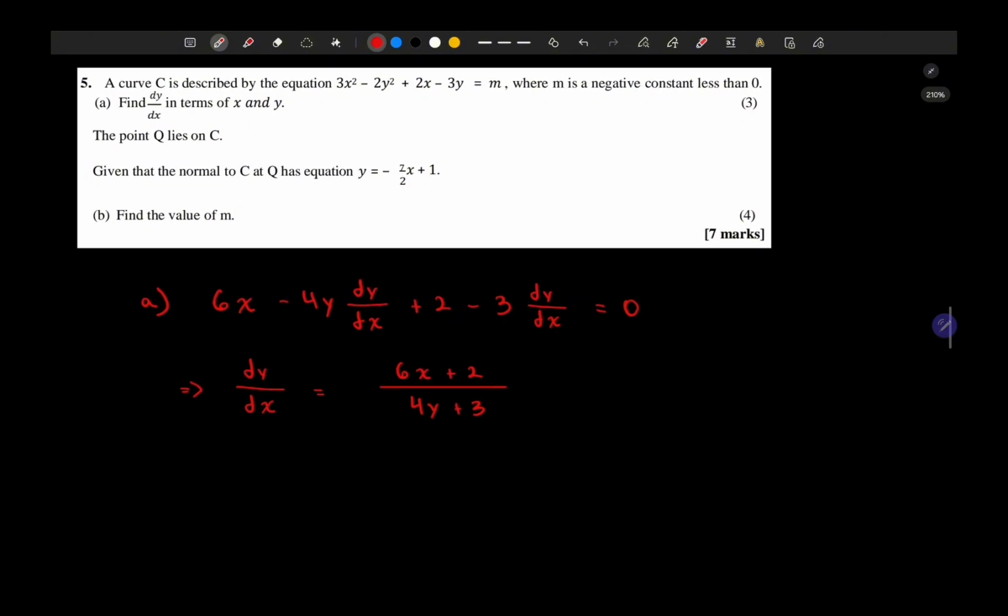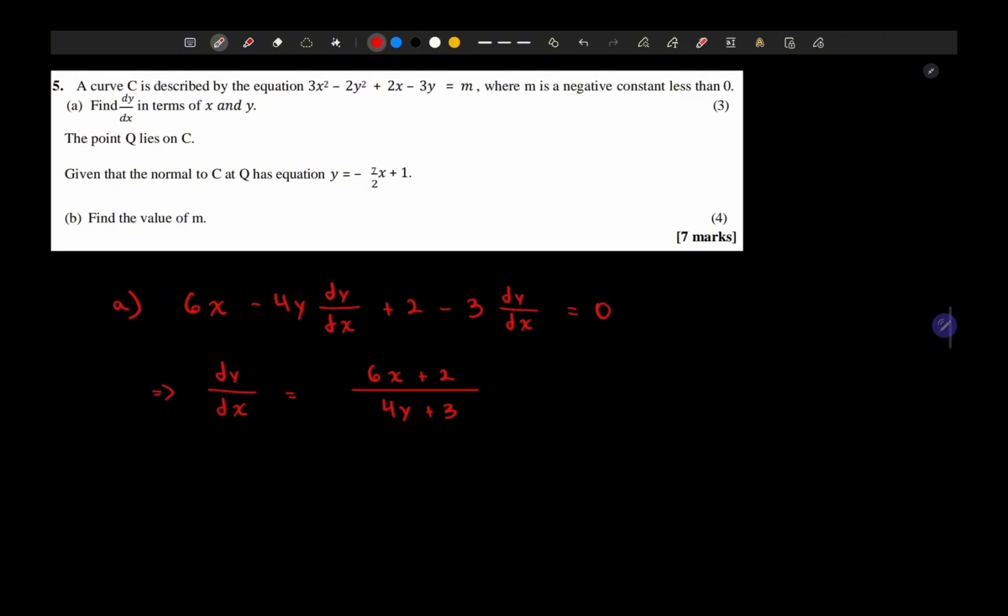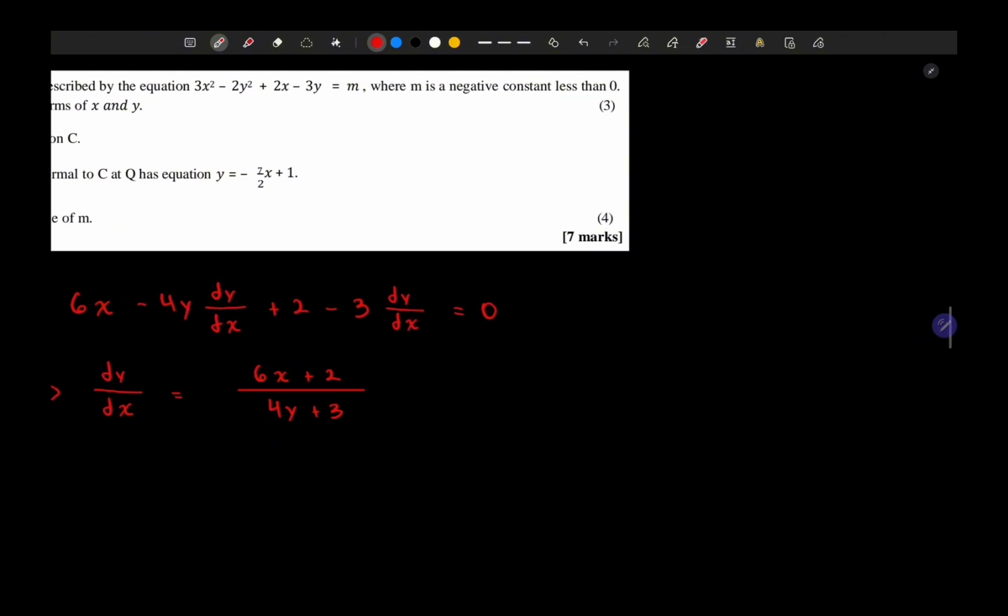The point Q lies on C, given that the normal to C at Q has equation y equals negative 7 over 2 x plus 1. So this is the normal to C at point Q. Let's say that the curve looks something like this, and this is the point Q. So the normal would look like this, which has a gradient of negative 7 over 2.